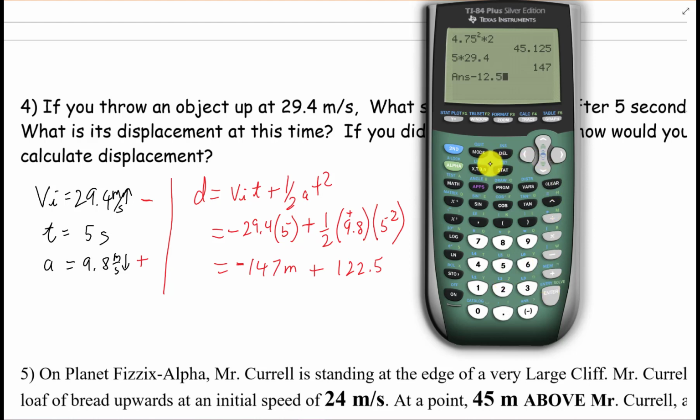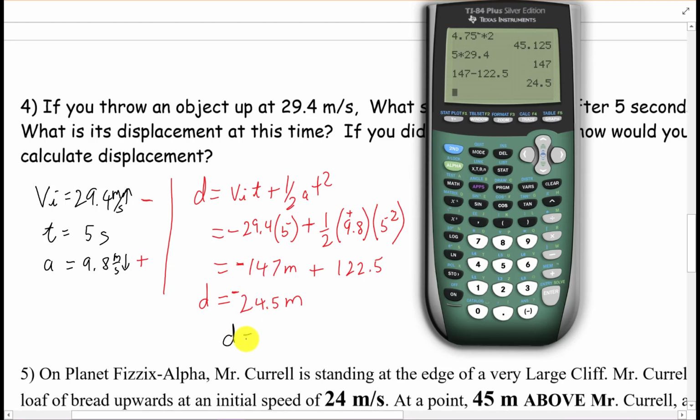Okay, let's back it up, that didn't work. 147 subtract 122.5 is equal to 24.5 meters. And this will be a negative because this is a larger number. So the displacement is 24.5 meters up.